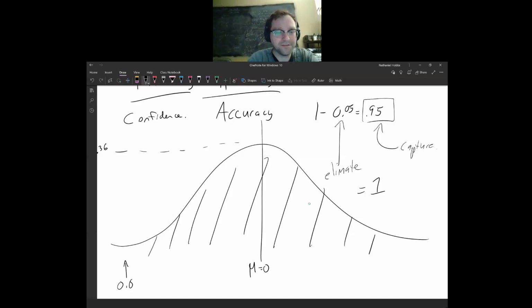And to the left, we have 2.5%. And to the right, we have 2.5%. Yes? Great. Perfect. So this is a way to capture 95% of a probability.